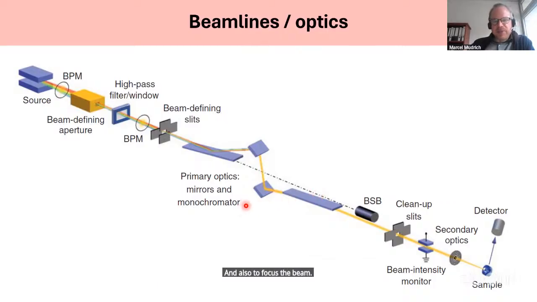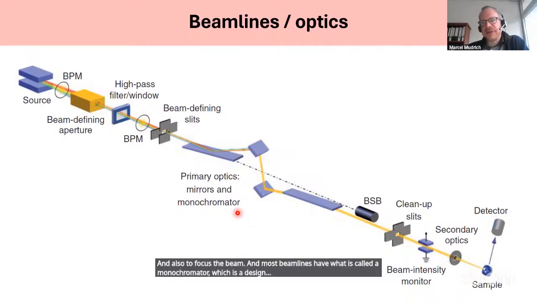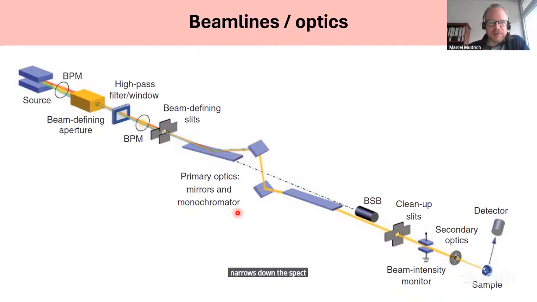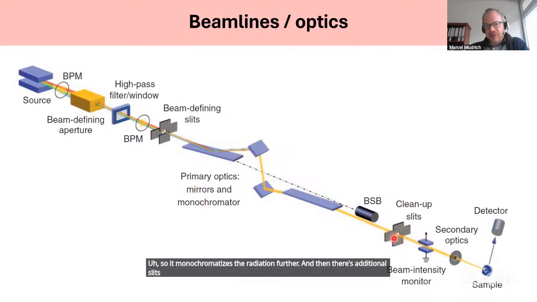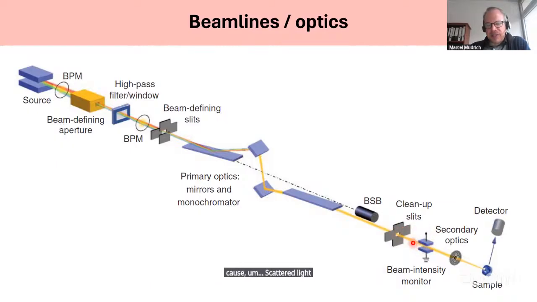And most beamlines have what is called a monochromator, which is a device that further narrows down the spectrum of the undulator radiation. So it monochromatizes the radiation further. And then there are additional slits to nicely cut out only the central intense part of the beam to avoid any radiation on the sides that might cause scattered light, that might cause ionization and emission of electrons from the walls of the vacuum chambers and these kinds of things.